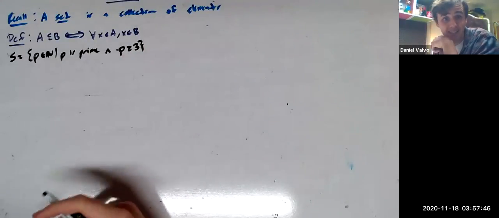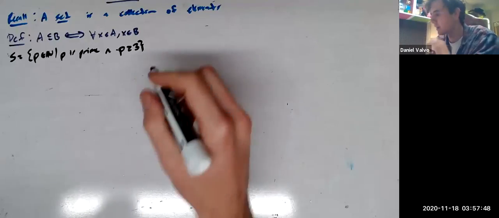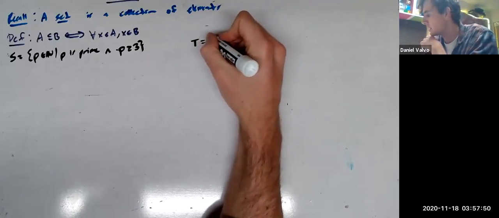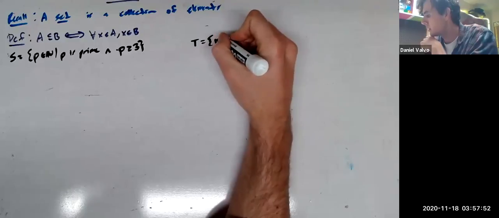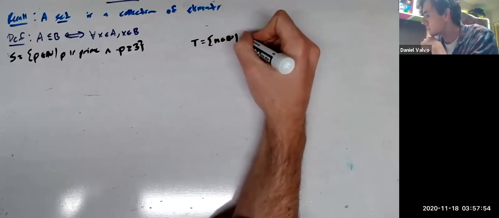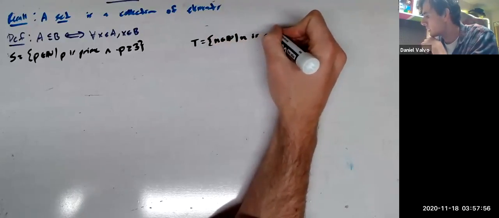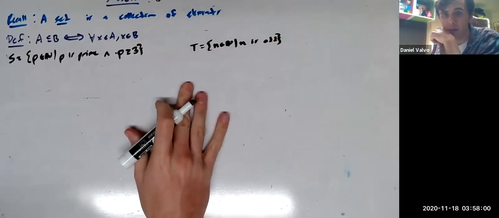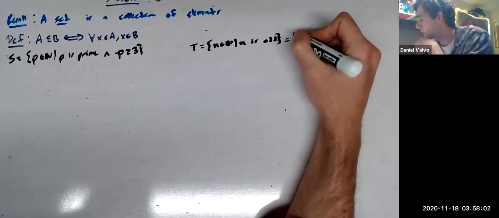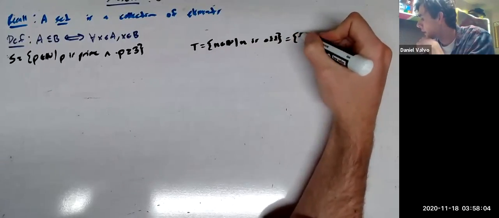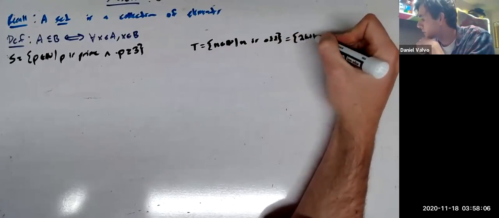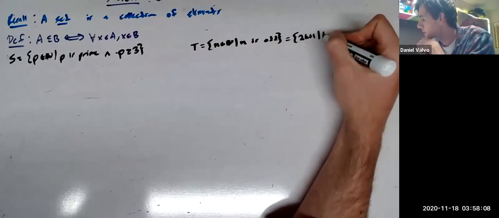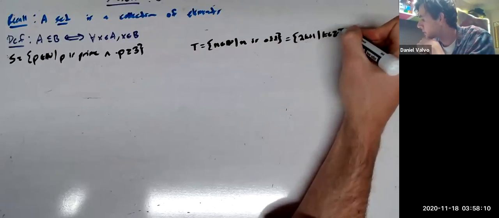So that's S, the set of all primes greater than or equal to 3. We're going to define T to be all n in the natural numbers such that n is odd. Or another way to write that would be every element of the form 2k plus 1 such that k is in Z.